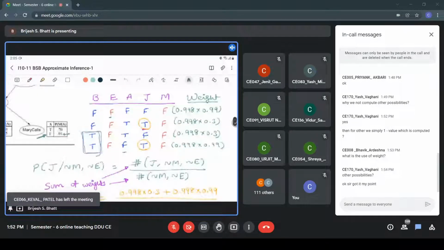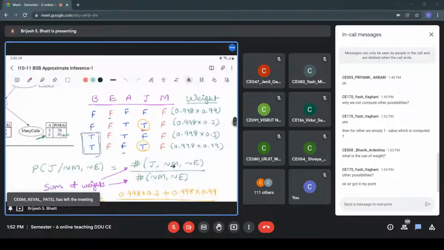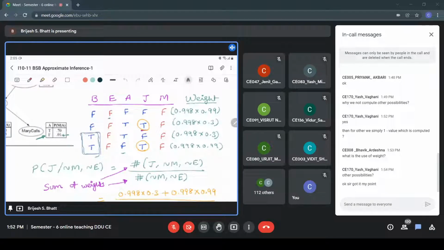So the number of times J, not M and not E came together is this probability. If you see how many times this happened, J was true and M and E were false, there are 2 examples, 1 and 2. So instead of putting 1, you will put the weight value there.